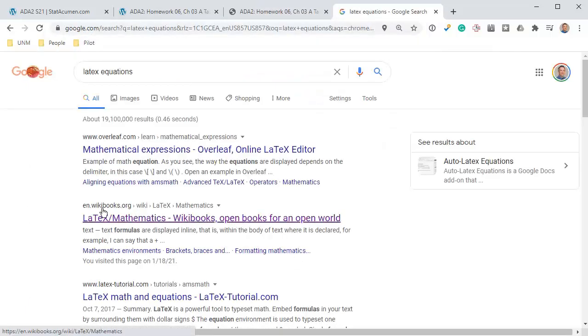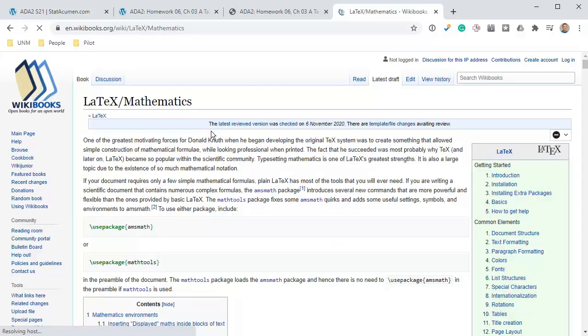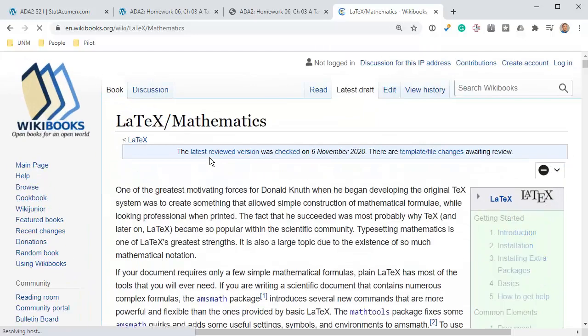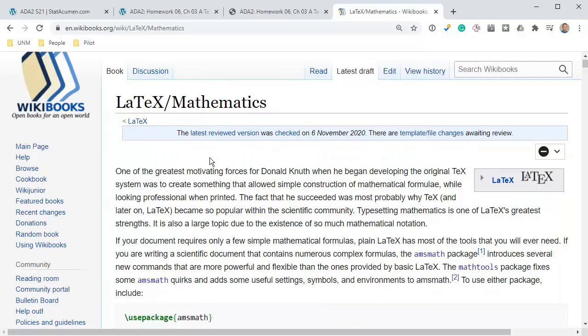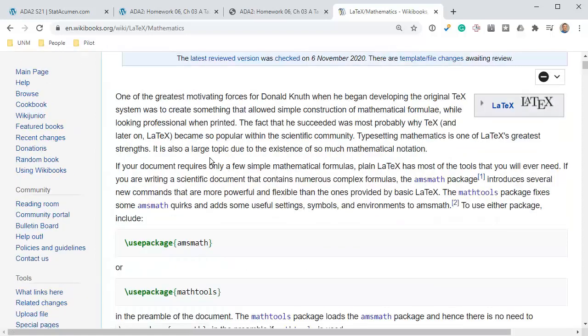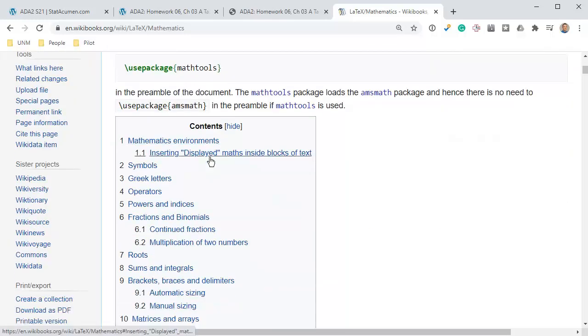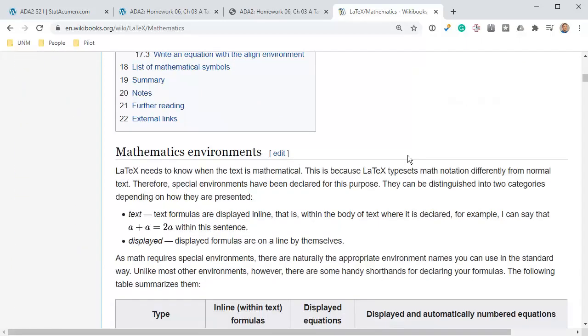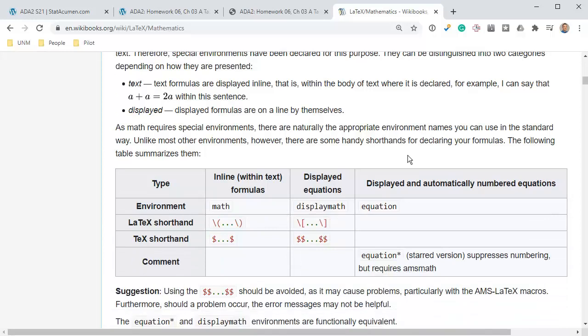I really like this Wikibooks of LaTeX, and this is bringing us right to the mathematics section. To typeset equations in LaTeX, and by the way, this is not a class in LaTeX, and I'm not really advocating for this, but some of you are going to want to know how to make beautiful equations, so here's a 30-second way of getting it.